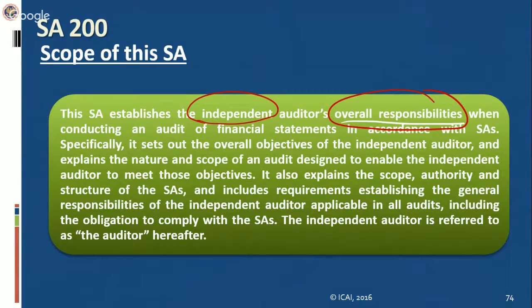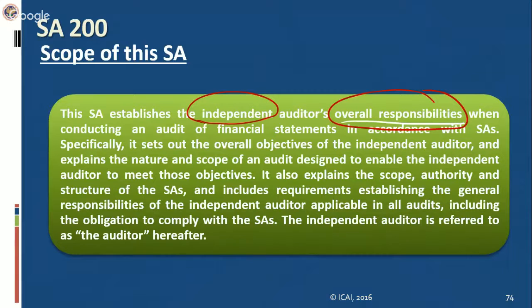If I am talking of independent, independent means independent identity, independent entity. He should appear to be independent. Both in mind and appearance, independence is required.